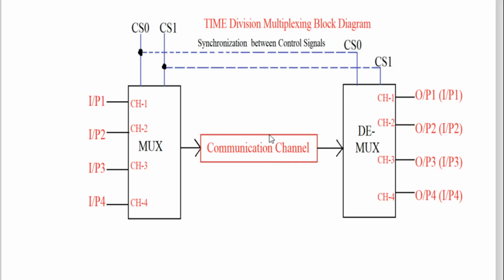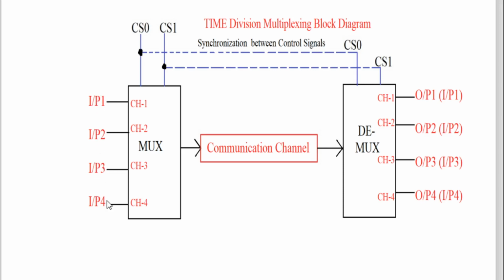Suppose this communication channel has a bandwidth of only 4 kilohertz, and there are four input signals: input 1, input 2, input 3, input 4. Each input has an information signal, which is nothing but our voice frequency, and it requires 4 kilohertz bandwidth.